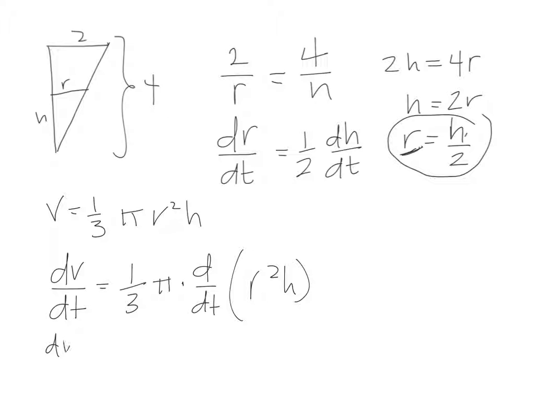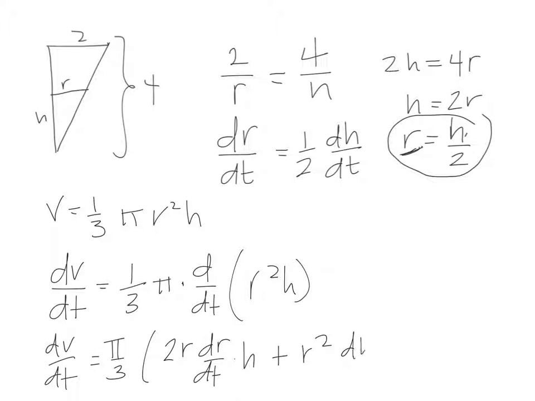So dv by dt equals 1/3 pi, or we'll call it pi over 3 for simplicity's sake. So this is going to be 2r dr by dt times h plus r squared times the derivative of h, which is just 1 dh by dt.